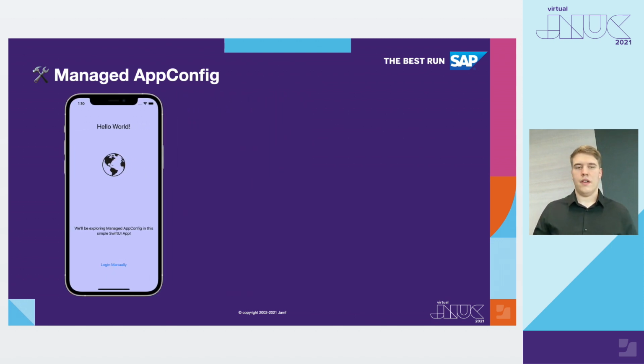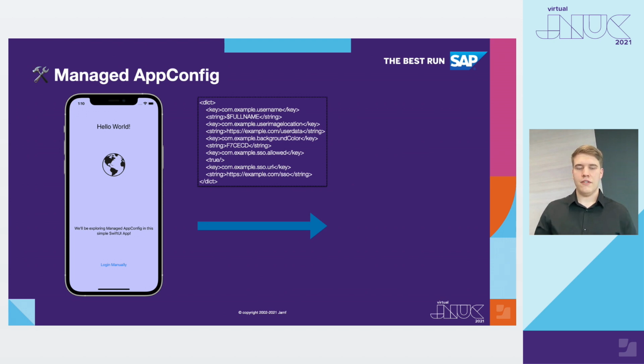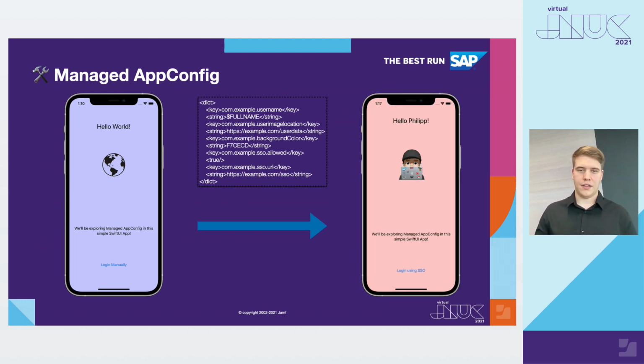But now, in this application, it's implemented to check for the managed app configuration. So if there is a specific payload available, it will check the values of specific keys and replace them in their view, which means that without any code change, the app can look completely different. For example, like that. So as you can see, it now says, hello, Philip, because I sent the app my name via AppConfig.